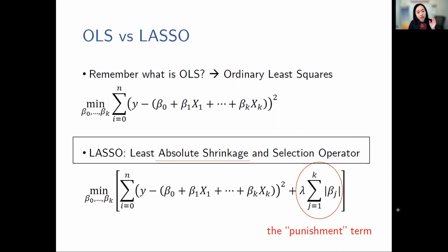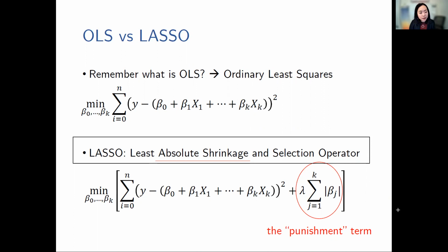If you remember what ordinary least squares is trying to minimize, it is the sum of squares of the differences between the actual y value and the predicted y value, or the sum of squares of the distance between the dot and the line. If you don't remember, go back to chapter 4 or 5.